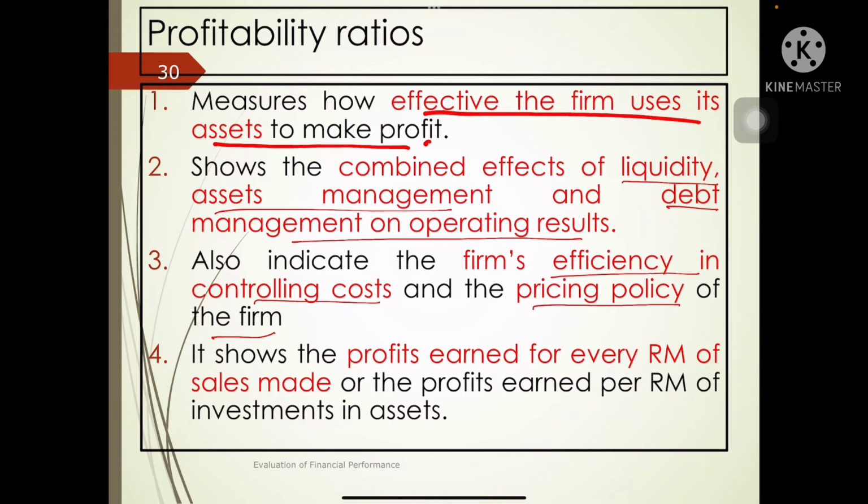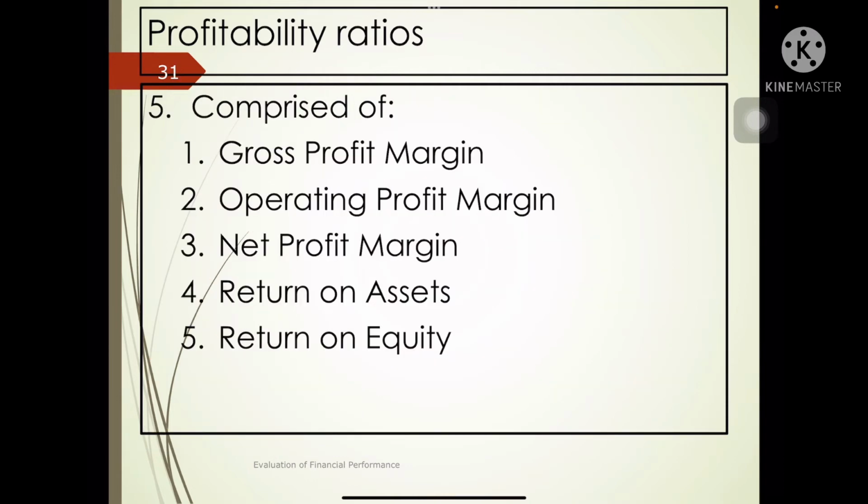It shows the profit earned for every RM of sales made, or the profit earned per RM of investment in the asset. So we have 5: gross profit margin, operating profit margin, net profit margin, return on asset, and return on equity.